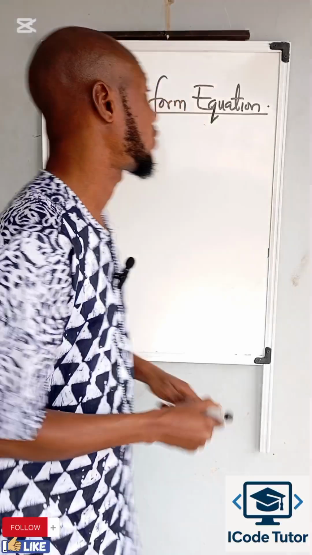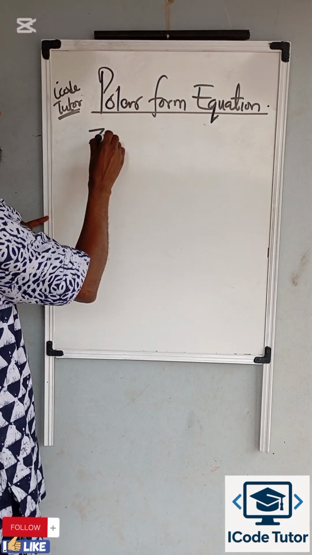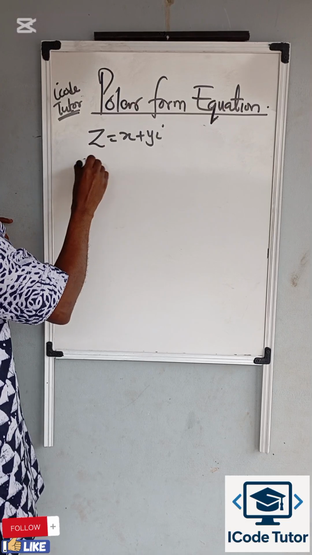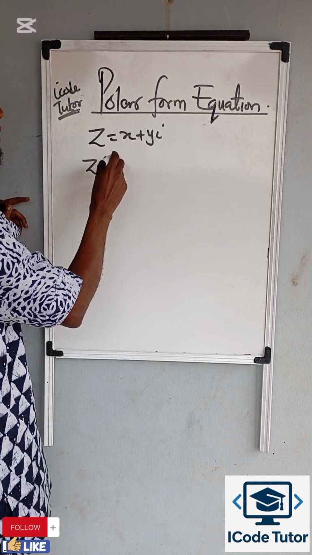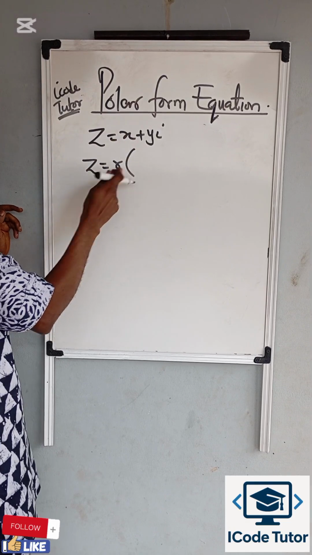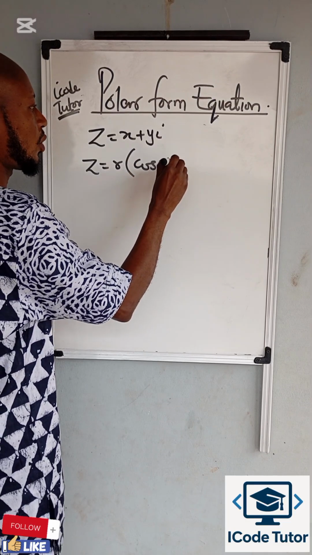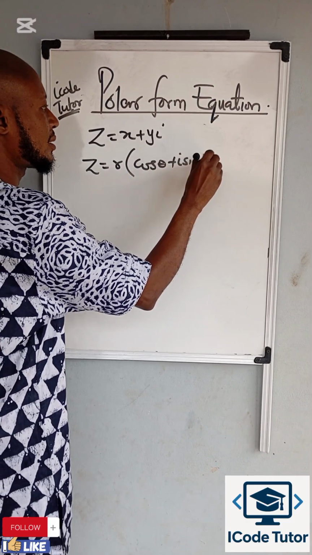Now the polar form of a complex number z equals x plus yi is z equals r into cos theta plus i sine theta.